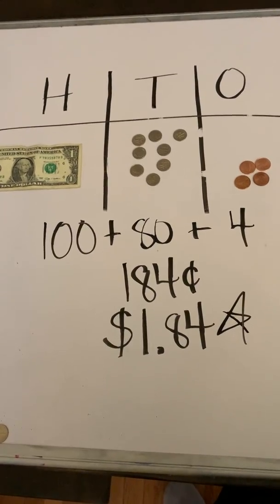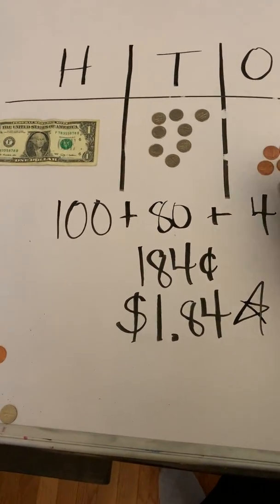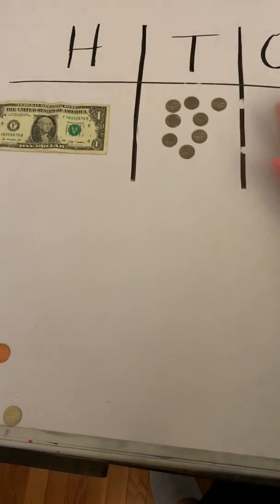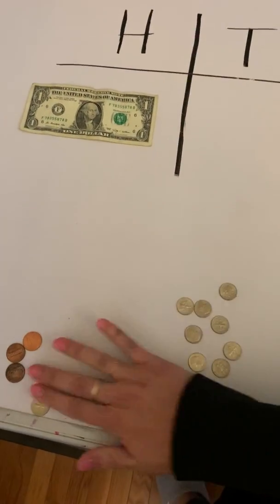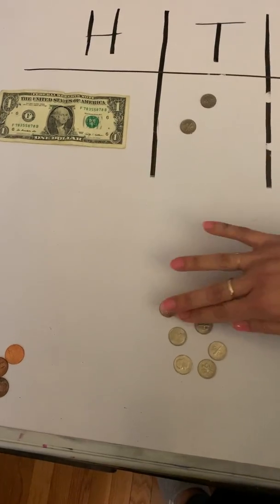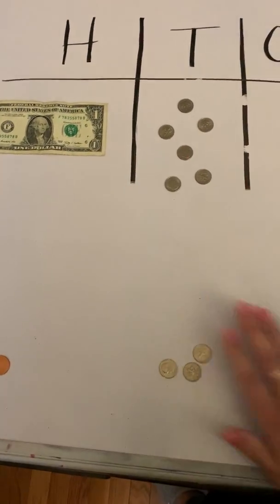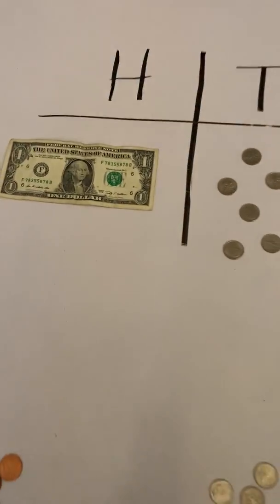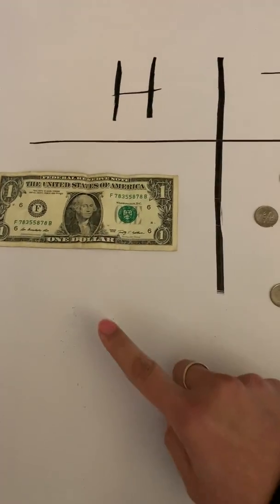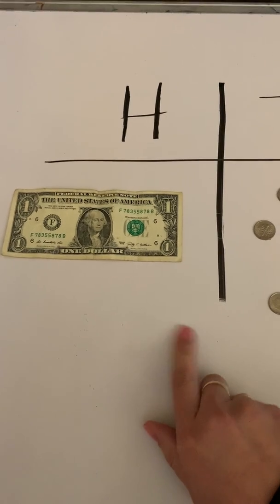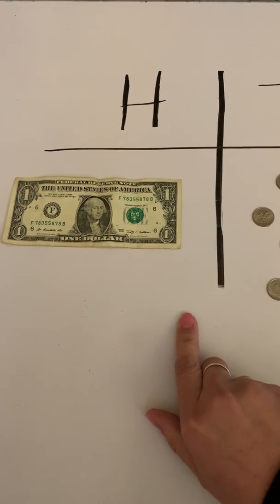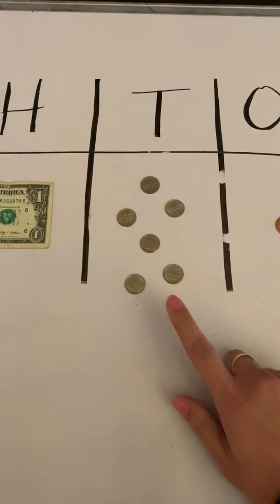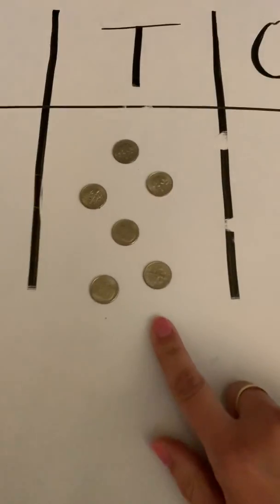I'll give you one more, and I won't write anything until you write the answer on your paper. Okay, ready? Write something for your hundreds place. What is the value of that? Write something for your tens place.